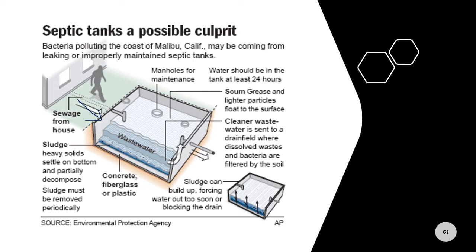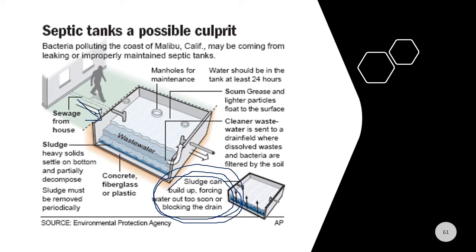Because of water ni dia tak berada dalam septic tank ni at least 24 hours because dia dah terlampau banyak, dah overflow, dah terlampau banyak masuk pada septic tank. Then sludge ni can be built up, forcing water out too soon or blocking the drain. That's why jadi pollution lah bila air masuk ke dalam drain.